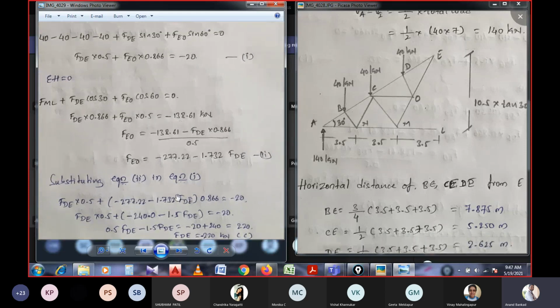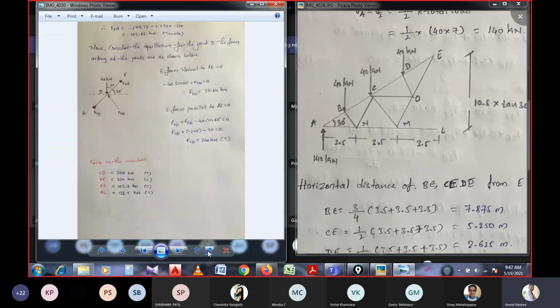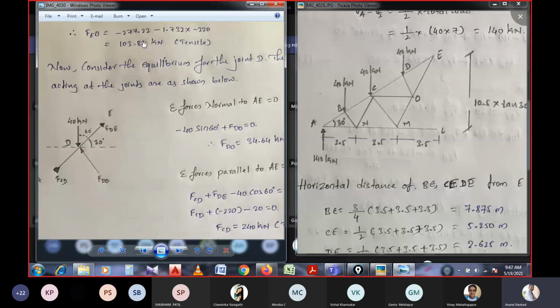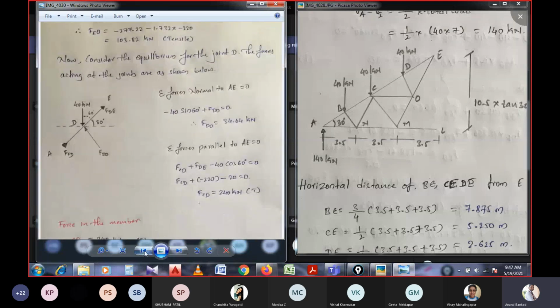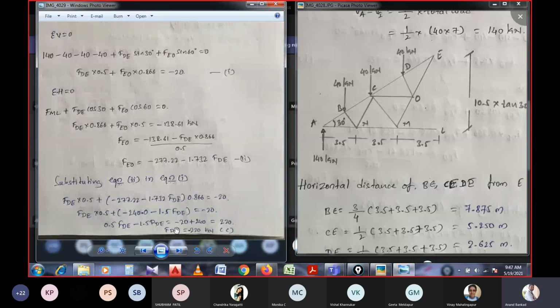Once we know FDE, we can calculate FEO by substituting the value of FDE in equation 2. Right? So minus 220 kilonewton is substituted over here, and then we have calculated FEO.